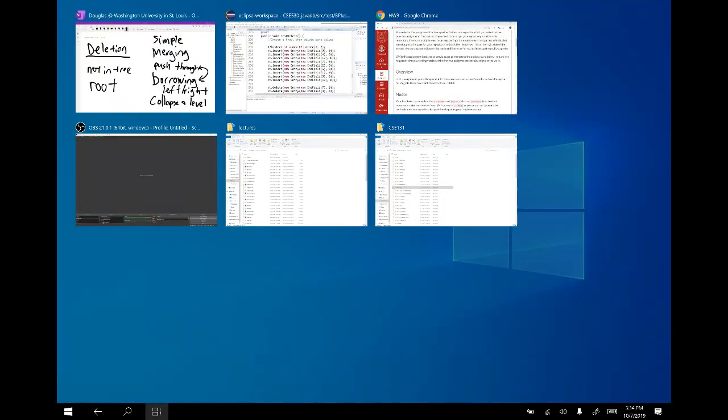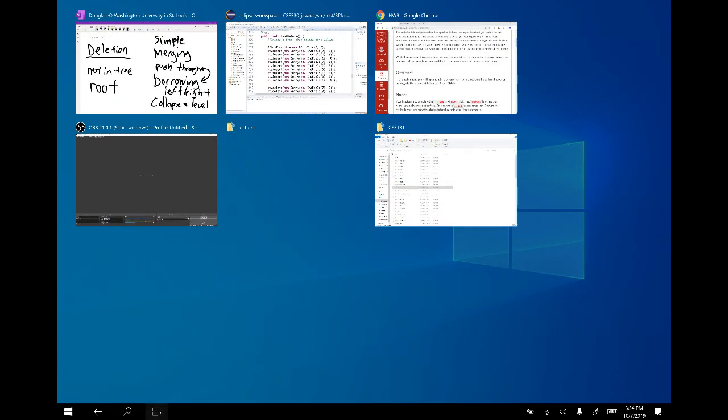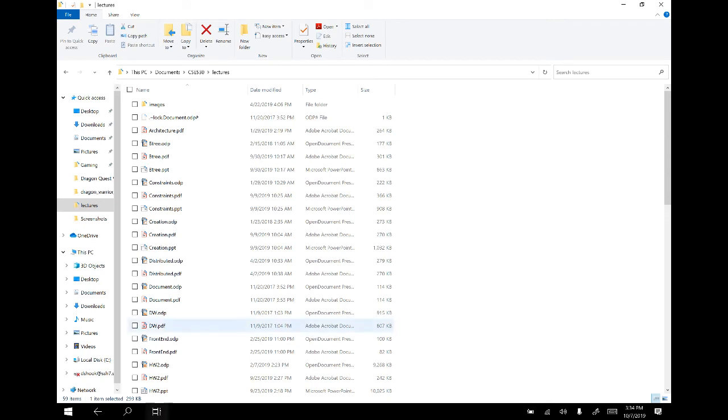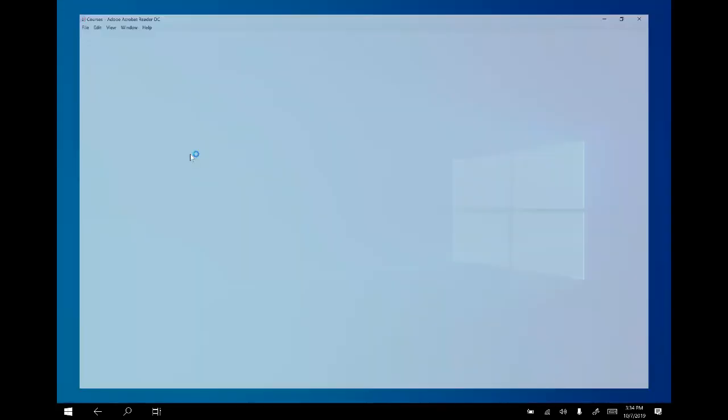So I'm going to pull up the slides from the other day, if I can find them here. B tree. I actually have a practice problem already in mind for this.